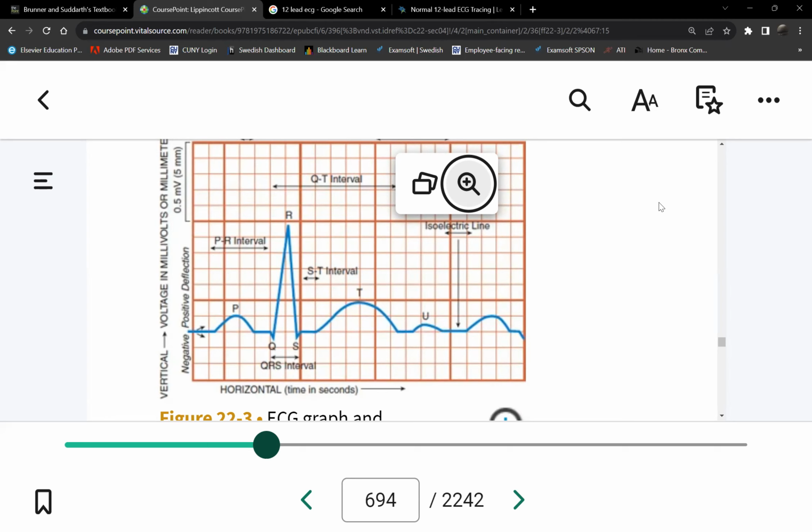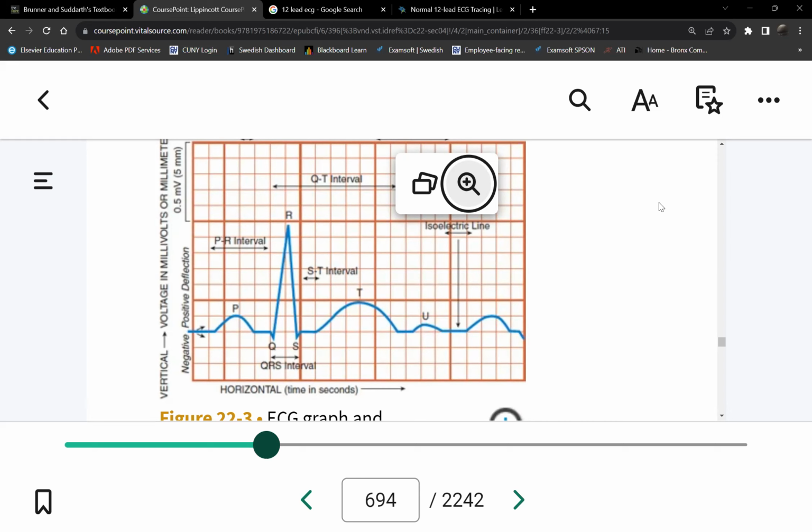U waves usually appear when you have low potassium. It's more like an anomaly. I'd say 99% of the time, you won't see a U wave. Only about 1% of the cases you'll see a U wave appear, but it's not really that significant. Let me put it that way.